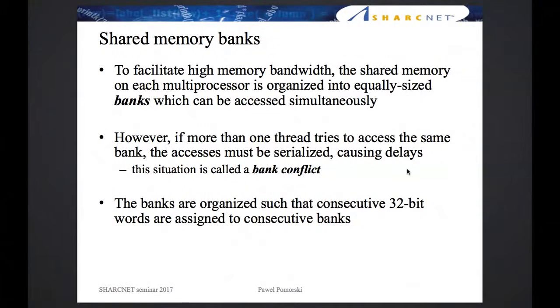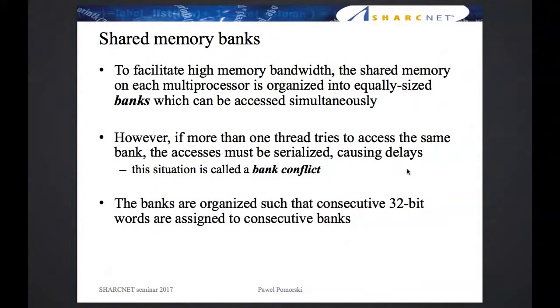So if a warp of threads is accessing shared memory, you want each thread to access a different bank. You have 32 banks, and each thread should access a different one.